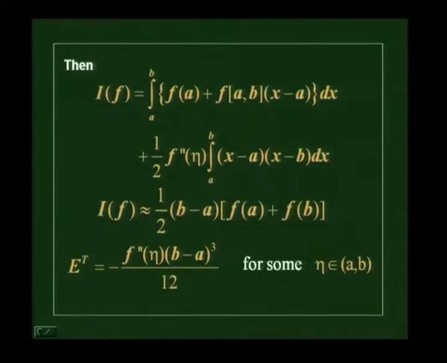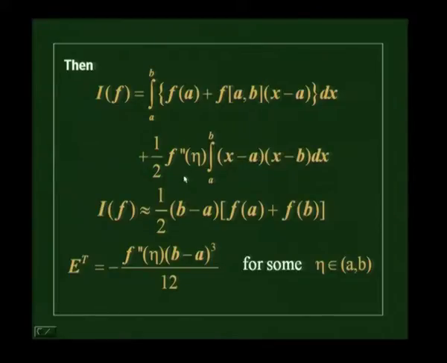So now the error in this trapezoidal rule is represented by ET. So we had ER for rectangle, EM for midpoint, and ET we use this. That is again of the order of the second derivative of f into (b − a)³ by 12. The reason being, as I said, that in the error term, x − a and x − b, the product is of one sign in the whole interval. x is always less than b, so that is negative, and x is always greater than a, so this term is positive, so the whole product is always negative.